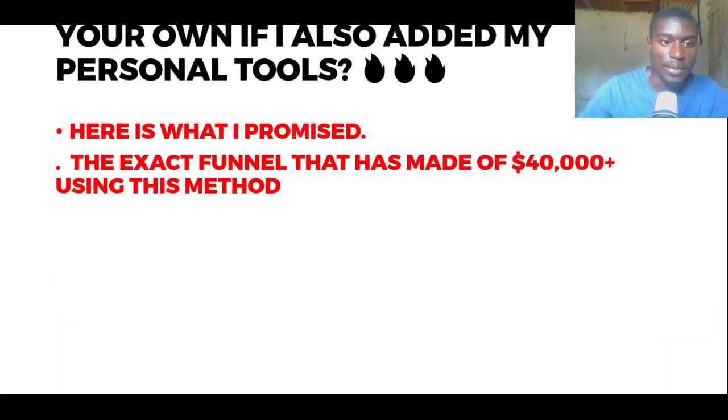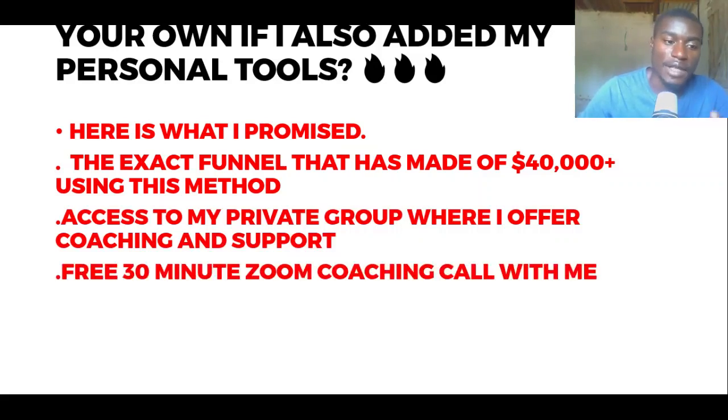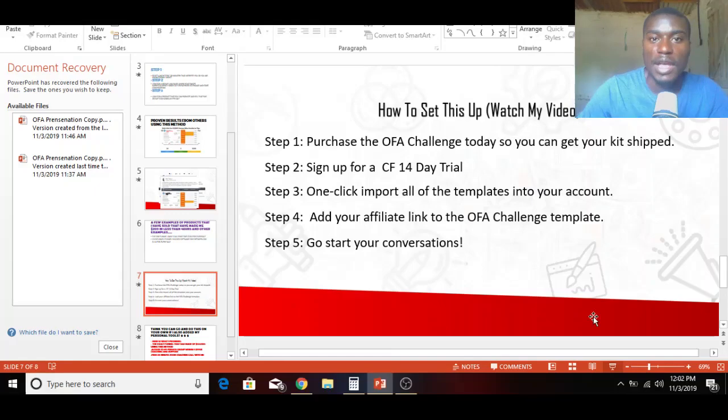So here's what I promised: the exact funnel that has made over $40,000+ using this method, access to my private group where I offer coaching and support for everybody that's signed up under me as an affiliate, and a free 30-minute Zoom call with me where I get to answer all your objections, all your queries, all your questions that you may have about everything.